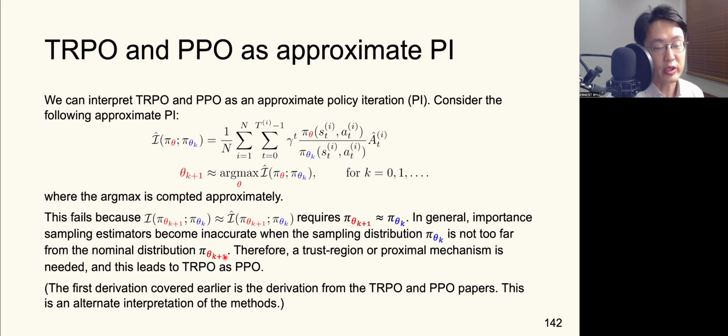Therefore, we need a trust region or some sort of proximal mechanism, and this leads to TRPO or PPO. So that means we want to constrain this maximization such that pi theta and pi theta k are not too different. So a direct constraint using a KL divergence will lead to TRPO. And using this clipping mechanism, the PPO clip objective, and also SGD early stopping to indirectly prevent pi theta from being optimized too far away from pi theta k, that leads to PPO.